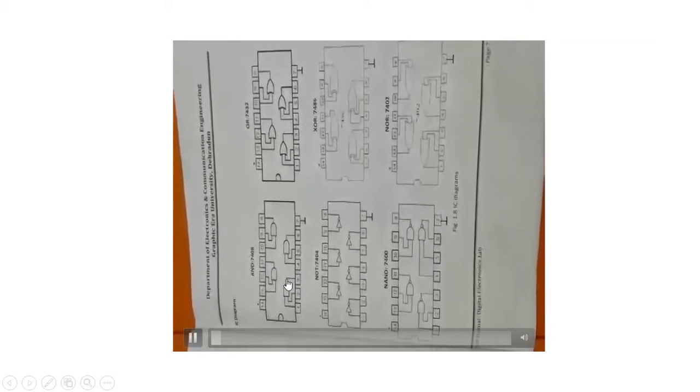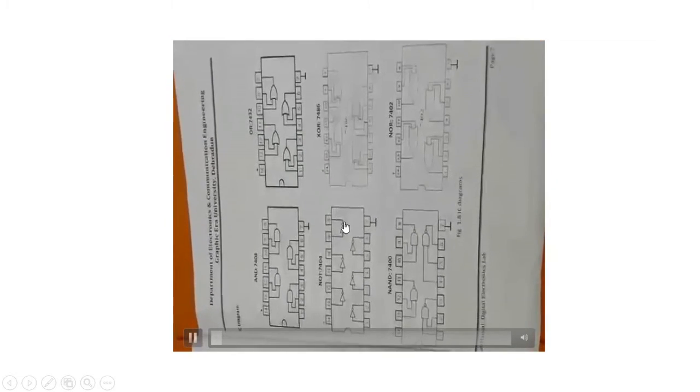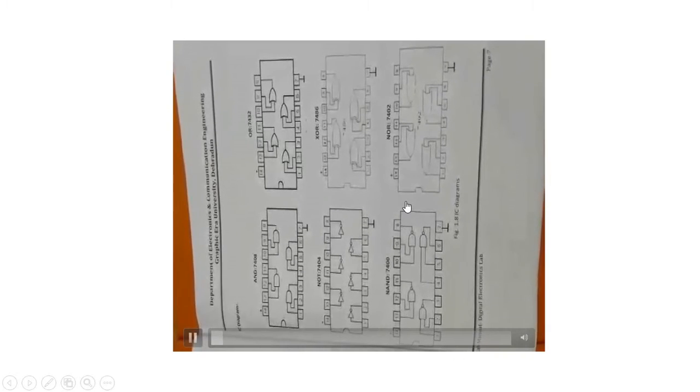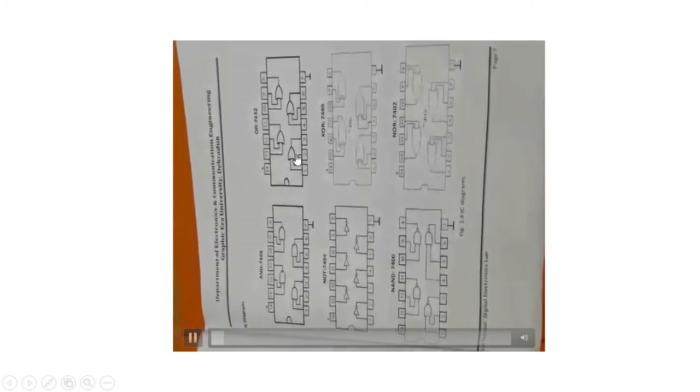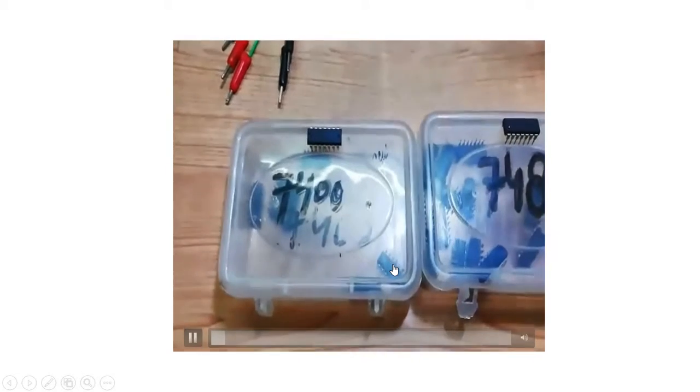Now let's see how to implement it on hardware. So you can see we have to verify the truth table of various basic logic gates on hardware. For that we require these ICs, power wire and other connecting wires and breadboard. These are the IC diagrams for different gates: AND, OR, NOT, XOR, and so on.